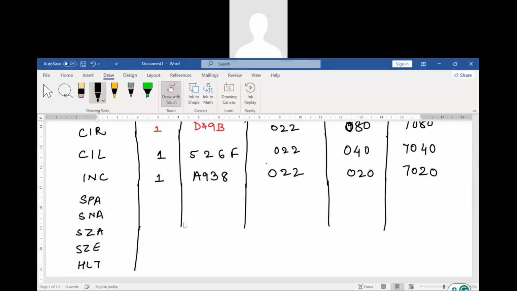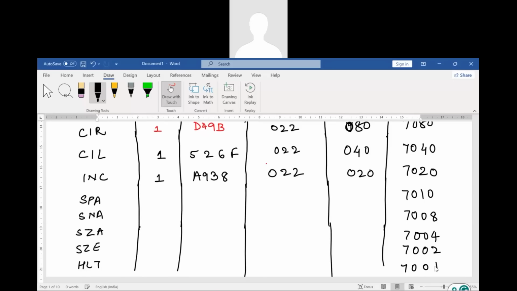We'll be writing the values of registers and flip-flops after execution of each of these instructions. Quickly, SPA is 7010, SNA is 7008, SZA is 7004, SZE is 7002, and HLT is 7001.